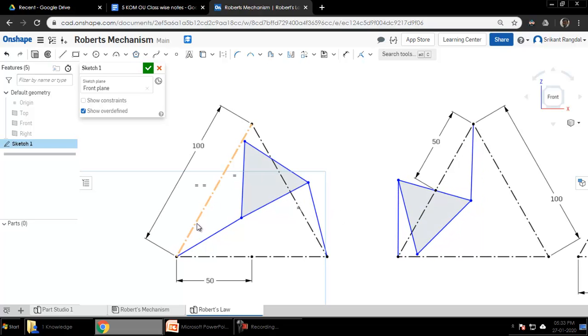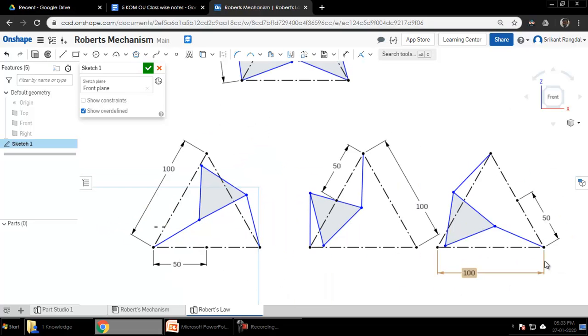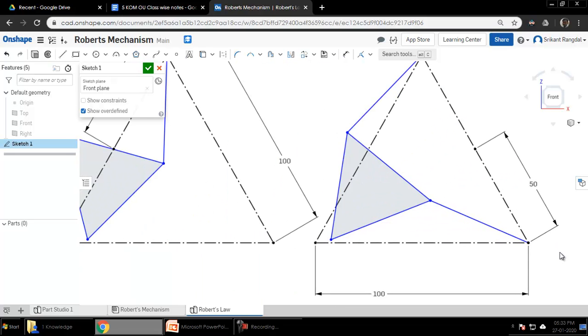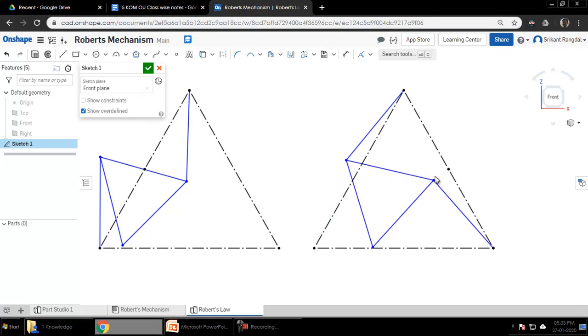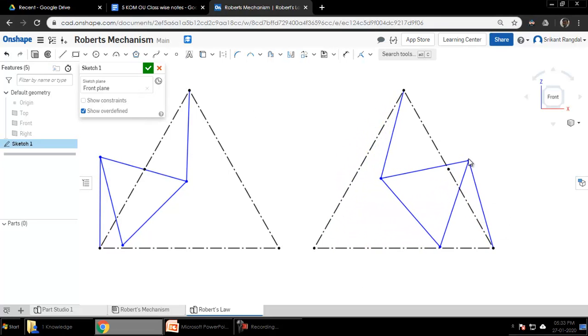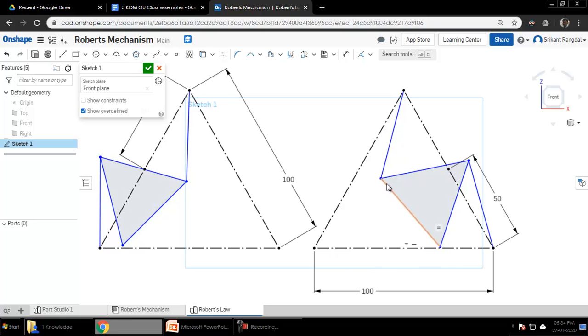So we have taken these 2 points as fixed points, and we have taken these 2 points as fixed points. Now let us take up these 2 points and fix them and make this 4-bar mechanism and see what kind of path is traced by this. I have taken these 2 points as fixed, and again we shall see that this mechanism as well tries to follow this straight path.